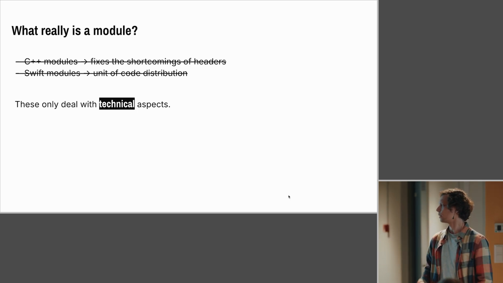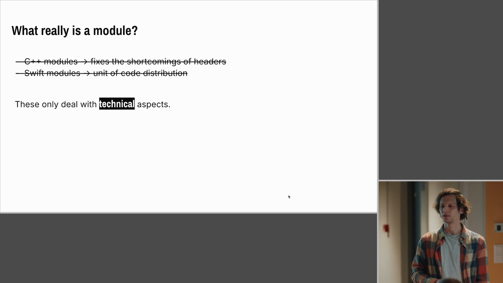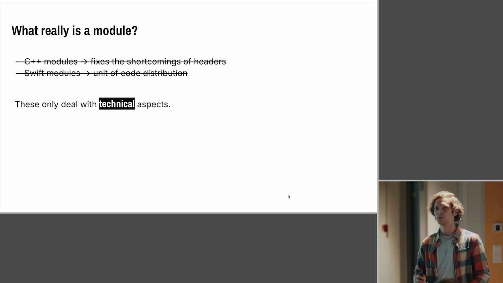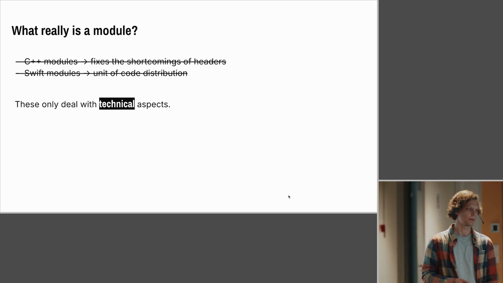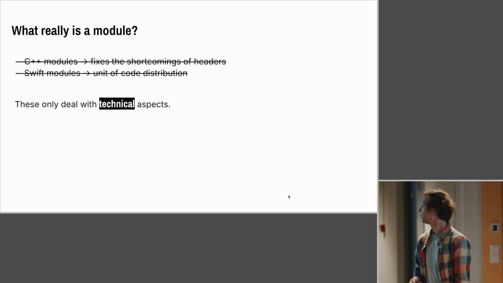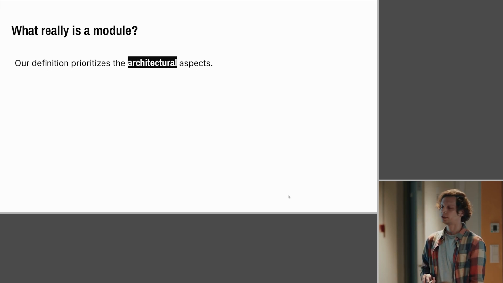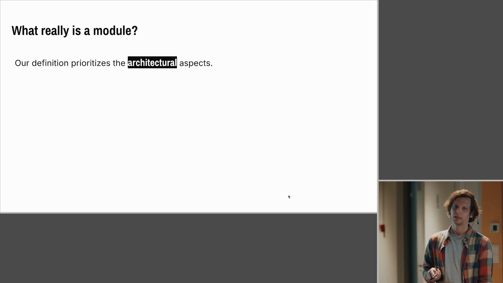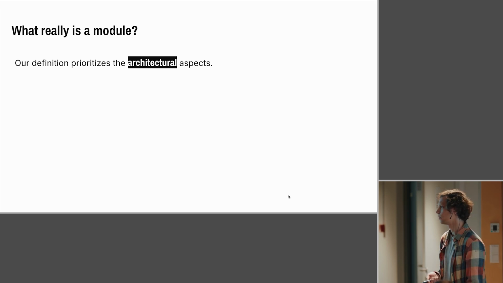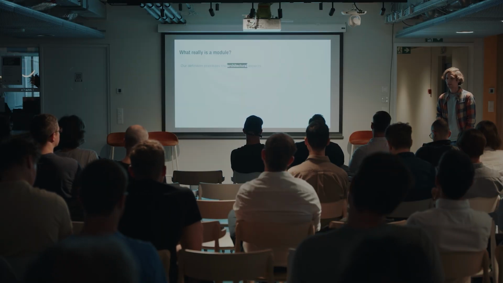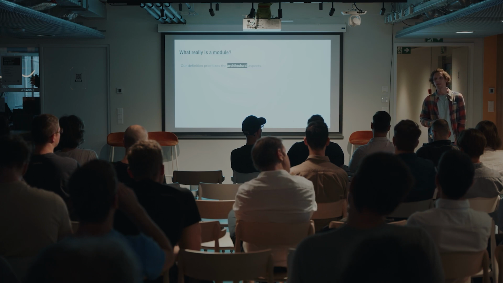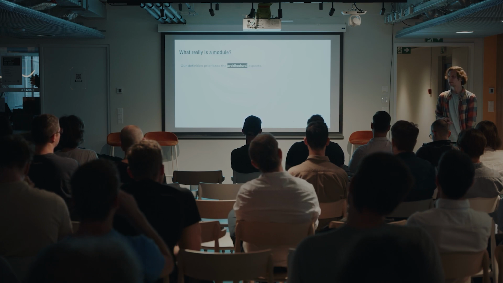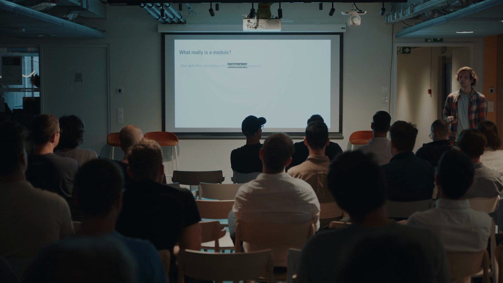Yes, they define that there is some encapsulation going on, and also that your module is probably defined on the code level, be it a package, a namespace, a directory, whatever. But our definition prioritizes more the architecture aspects. A module is something which should have a distinct responsibility or responsibilities mapped to a certain domain.